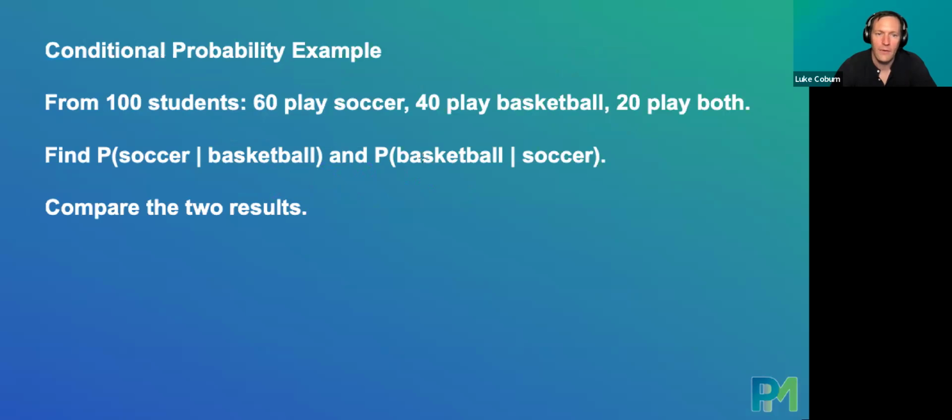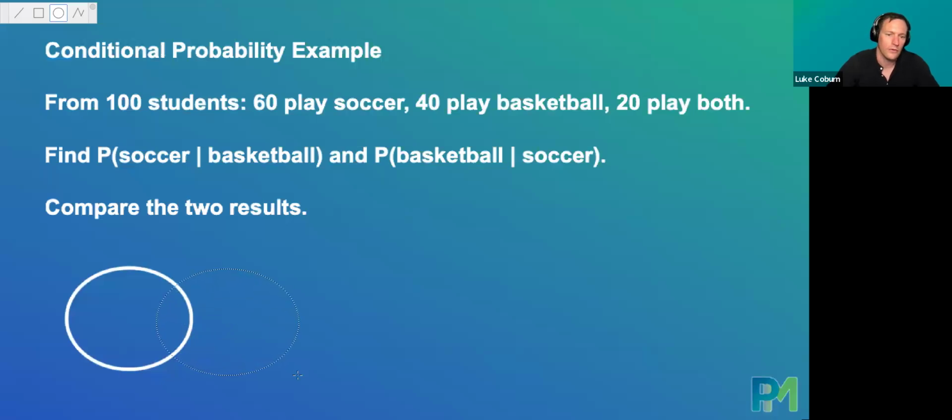Okay, so let's have a look at how this works out. We're going to draw a couple of Venn diagrams. I hope this is okay, going through this stuff at the pace I'm going. There's not too much to this stuff.